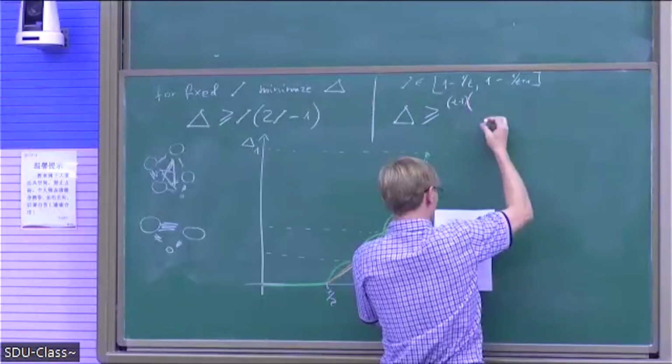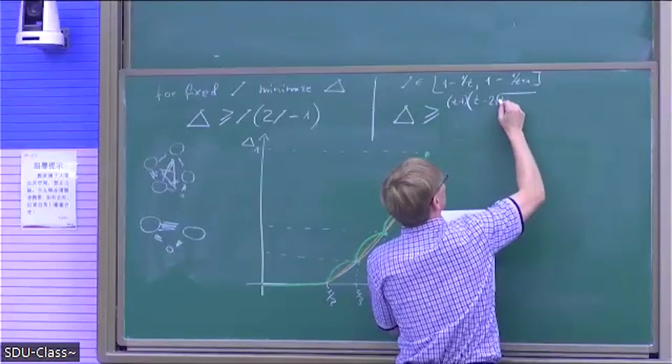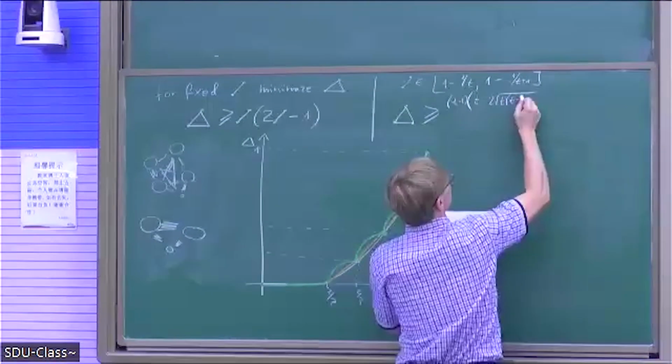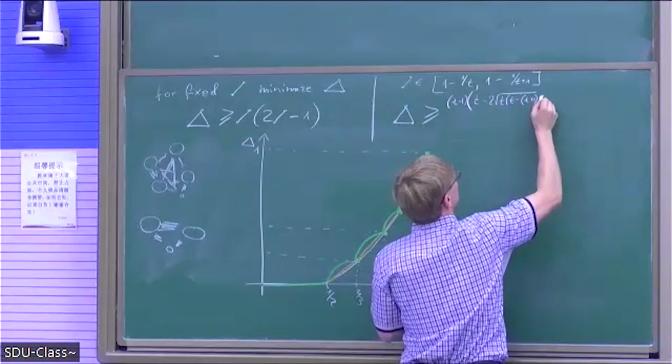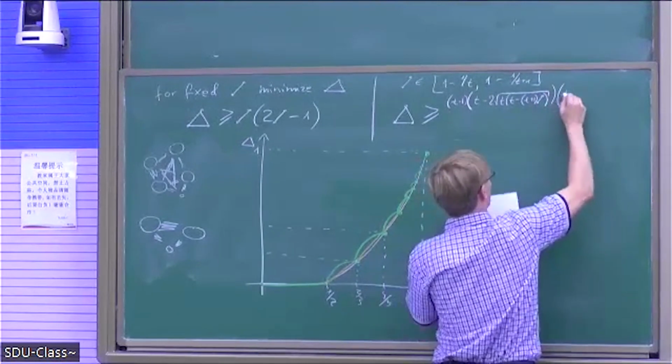I'm not writing it so that you can write it down. I'm just writing it to show you how bad it is. Edge density and the square root and an additional value.